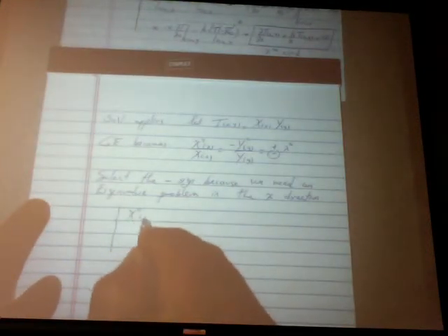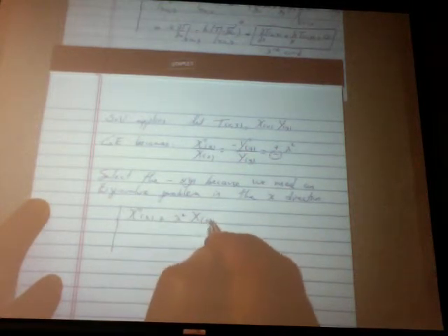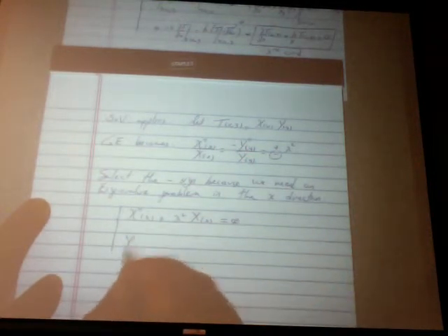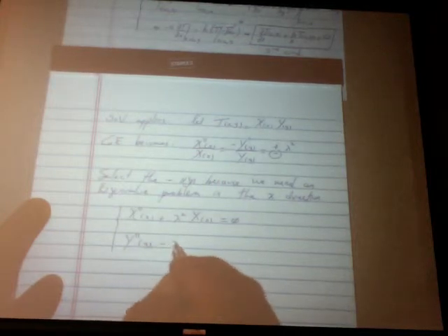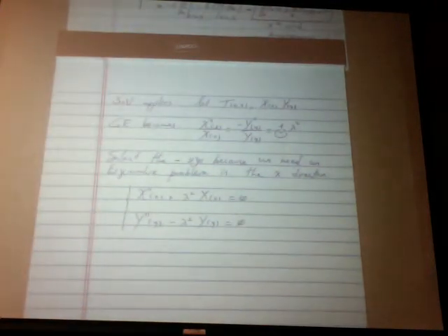By picking that minus sign, what we're going to end up with is X double prime of x plus lambda squared X of x is equal to 0, and on the other side we end up with these. Alright, so let's start with the y problem because it's a lot simpler.